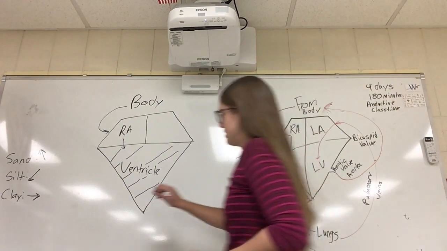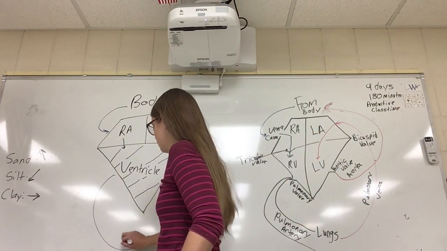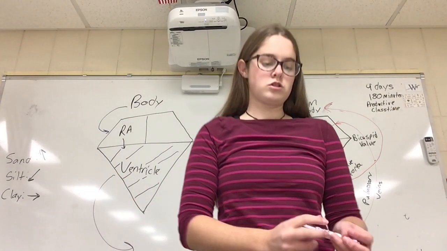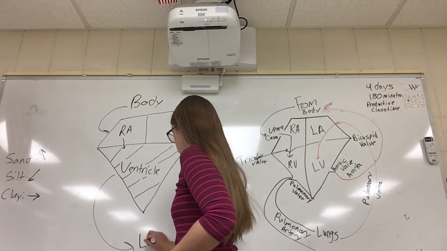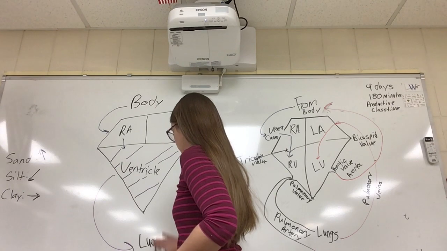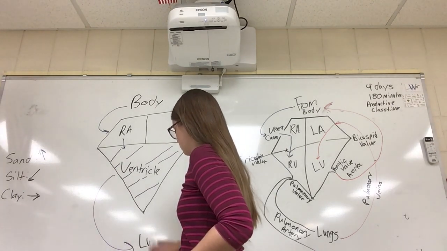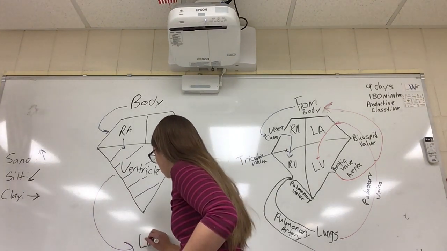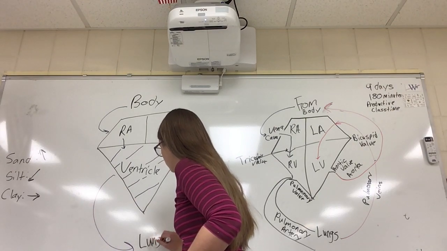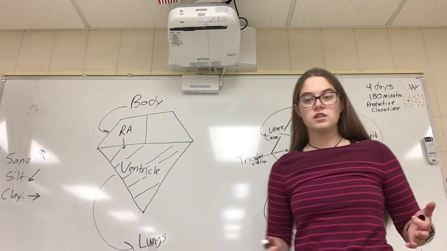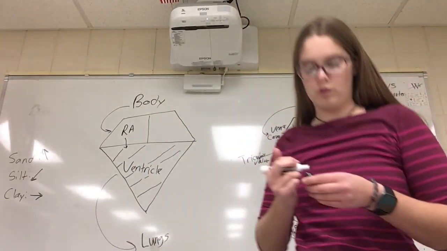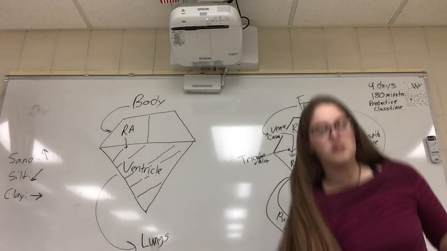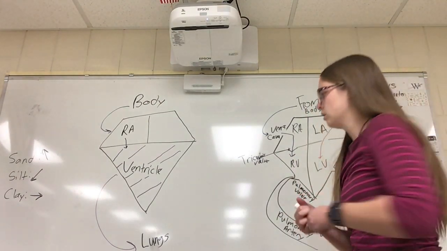So this mixed blood goes to the lungs. Whoa, not the lugs. Goes to the lungs, which you can mostly see that is what I wrote. At the lungs, it gets its oxygen.